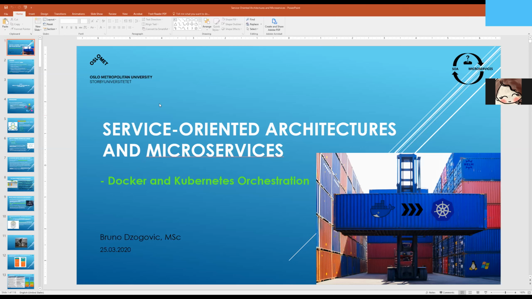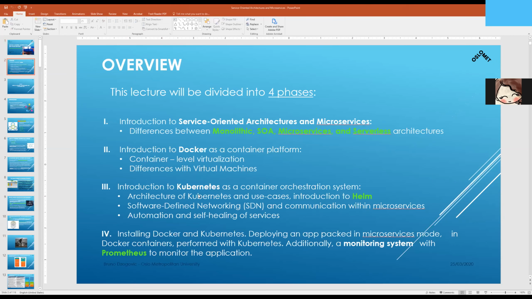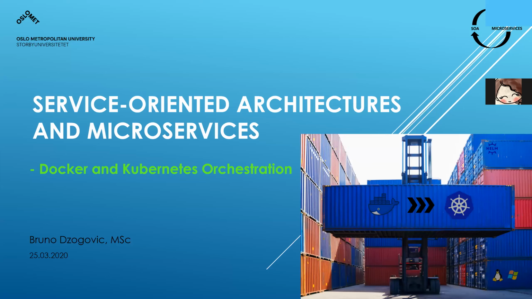Okay, so we can actually start. The lecture will be divided into 4 parts, because we can't really cover everything at once. First we will introduce service-oriented architectures and microservices.